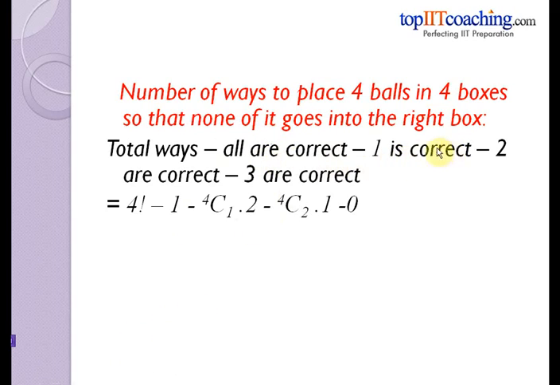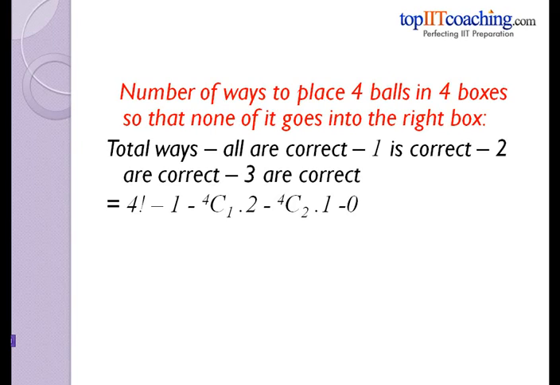Minus 1 is correct. So what we do is we choose 1 ball which is correct, and the remaining 3 balls have to be placed in 3 wrong boxes, which we have seen is equal to 2. Minus 4C2 into 1. 4C2 because we again select 2 balls that are to be placed in the correct boxes, and that could be done in 4C2 ways.